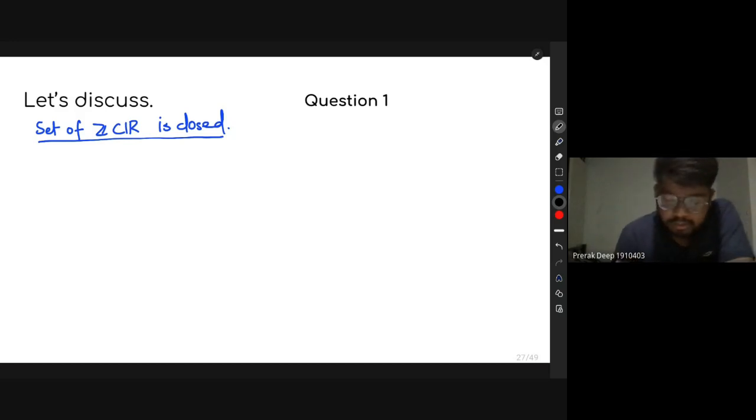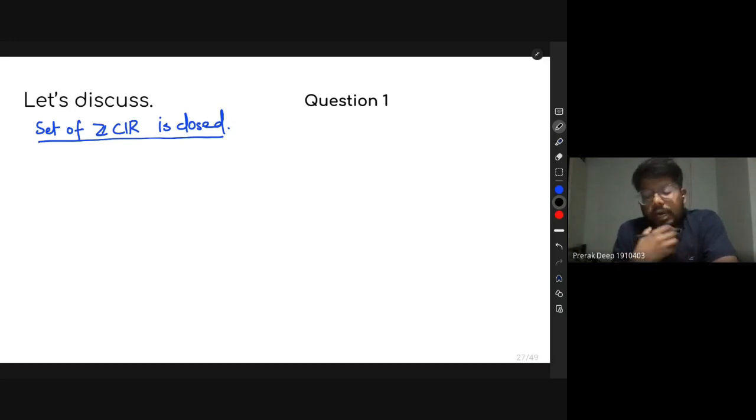So we prove this by understanding the sequences which are possible in this case.